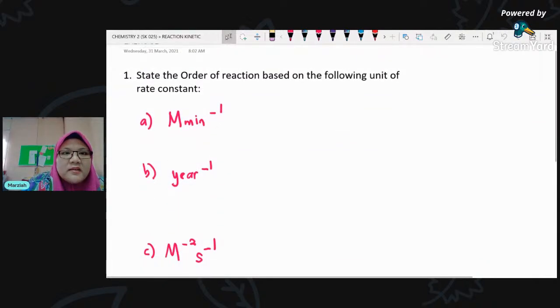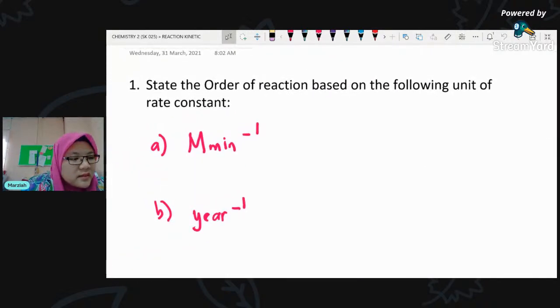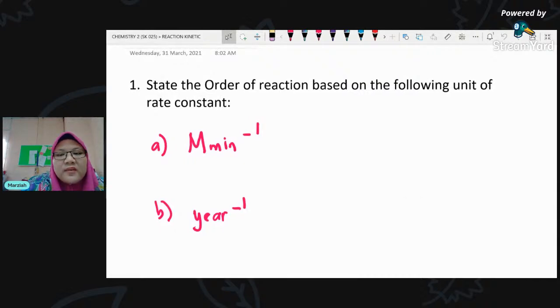Okay, you can copy. I want you to state the order of the reaction based on the following units for the rate constant. As we know, the unit for the rate constant can be used to determine the order of the reaction. So I give you the unit for the rate constant and I want you to identify the order of the reaction.